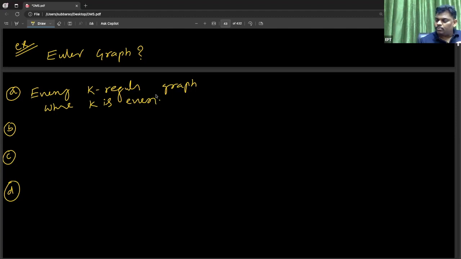Option B: complete graph on 90 vertices. Option C: complement of a cyclic graph on 25 vertices, C25. Option D: none.